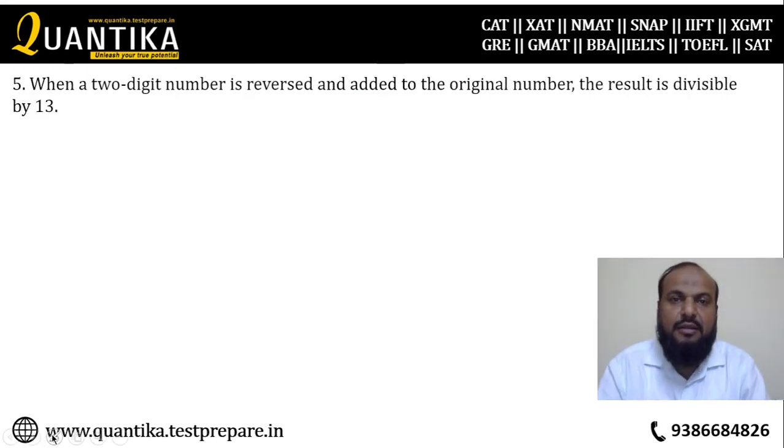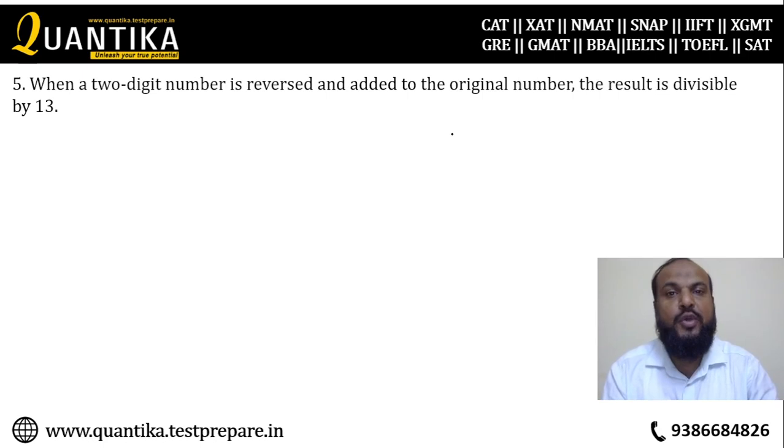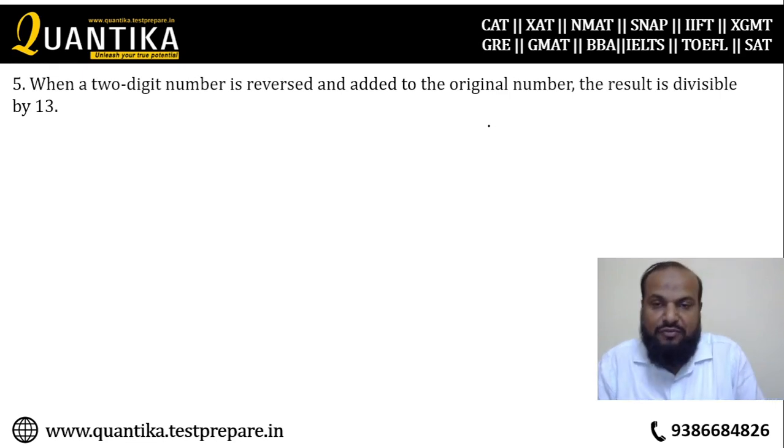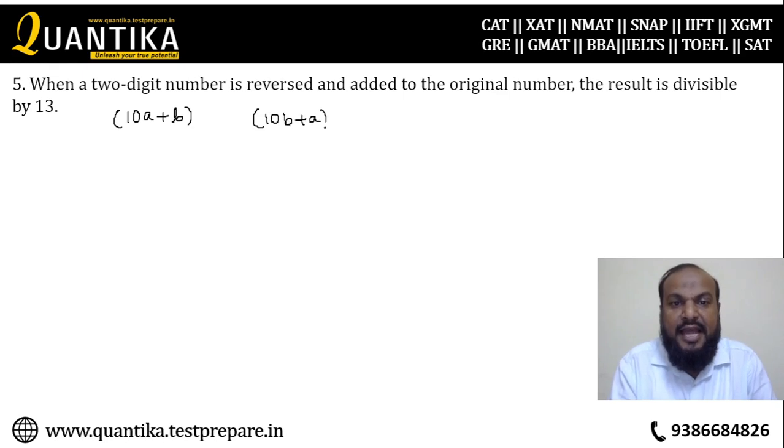Let us tackle one more question to understand what happens in a digit question. When a two-digit number is reversed and added to the original number, if you have seen the previous part of this video, you understand how we start with a two-digit number and what happens when the number is reversed and then added.